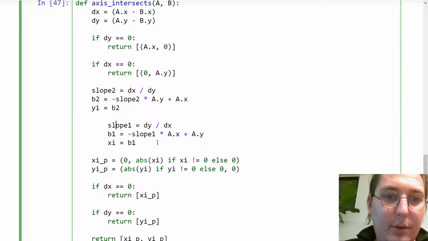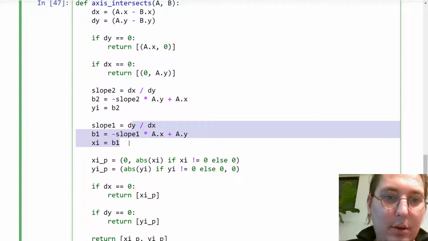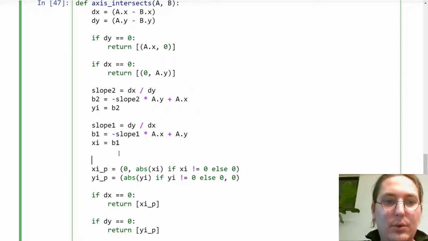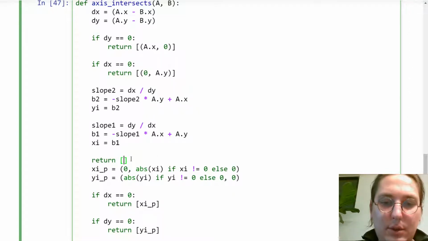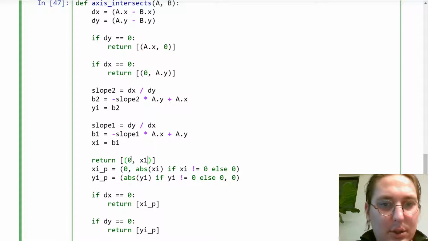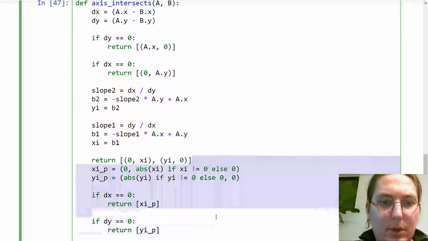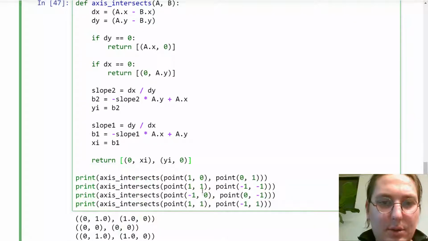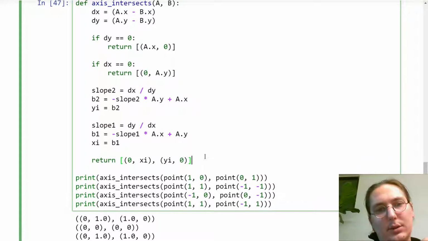And then we're back to our old thing, and we can just return these things without this special treatment. Let's just do x-intersect, and all of this disappears to reappear somewhere else.